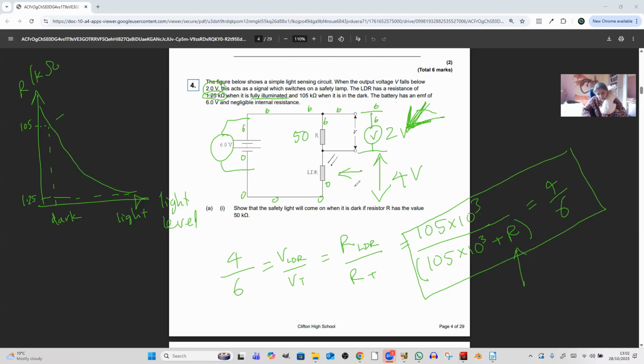So the trick is to do the potential difference for the resistor where you know the resistance, and then work out what the other one is. Okay. I hope that this has helped you with your LDR, your potential divider questions.